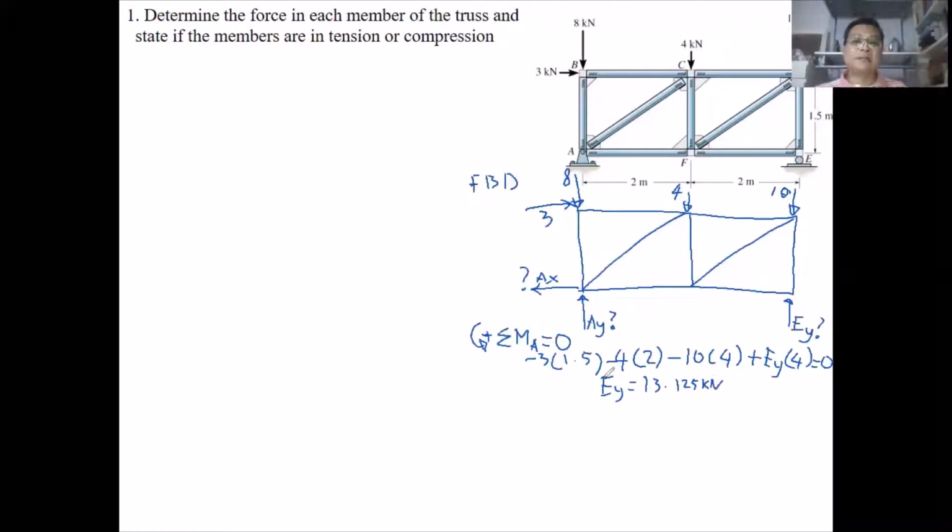Because the result is positive, it means what we predicted for EY in the upward direction is correct. So then we can go to find the other unknowns, AX and AY.